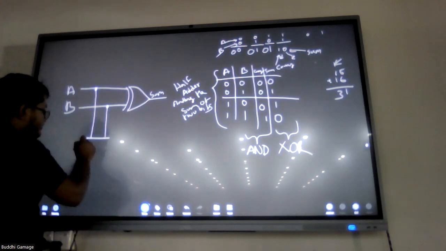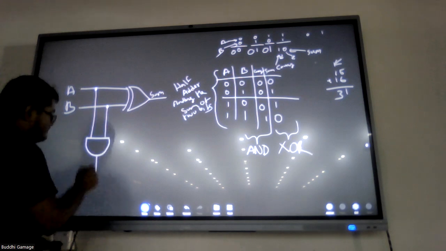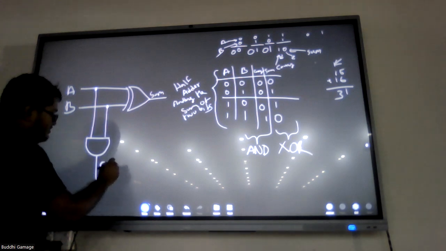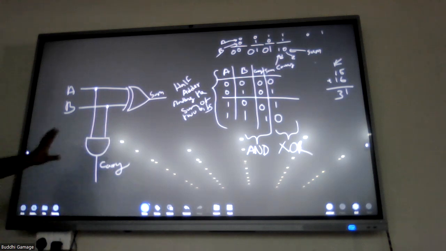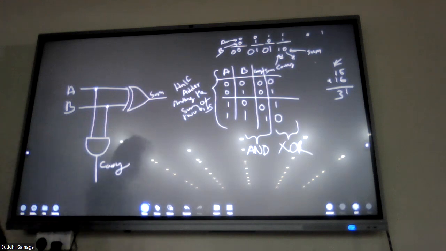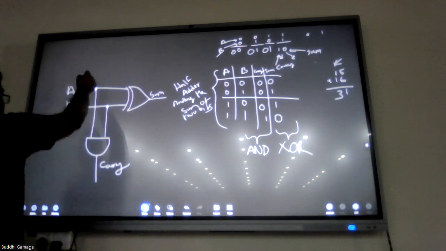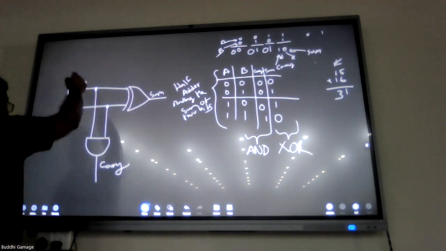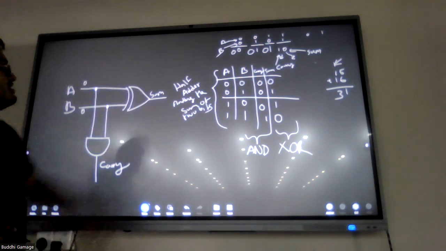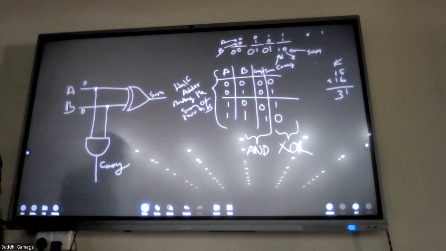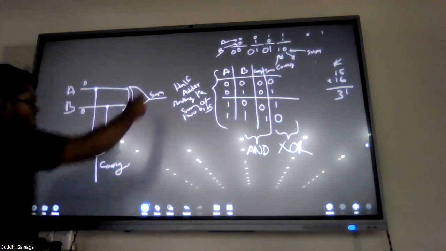Does anyone have a problem? By using this circuit, you can add two bits. So let's do it again. 0, 0. What is the output in the sum, in the XOR gate? 0.